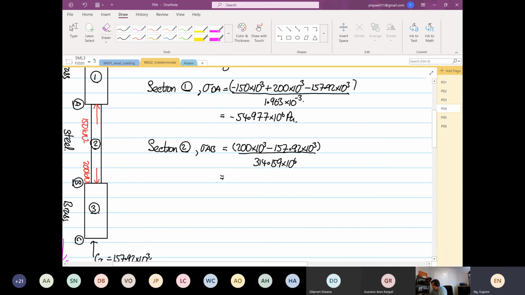So this will be equal to 200 times 10 to the power 3 minus 157.92 times 10 to the power 3, divided by 314.159 times 10 to the power minus 6. Eugene, don't miss the minus sign. So this will be plus 133.945 times 10 to the power 6 Pascal.